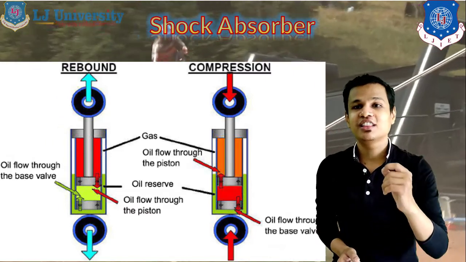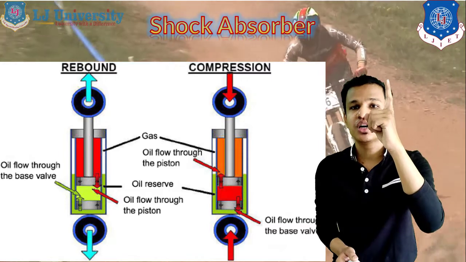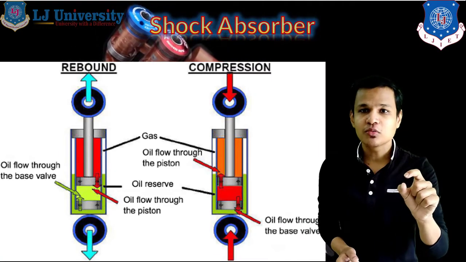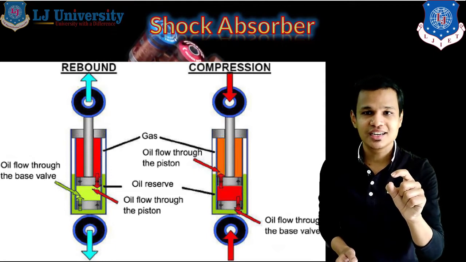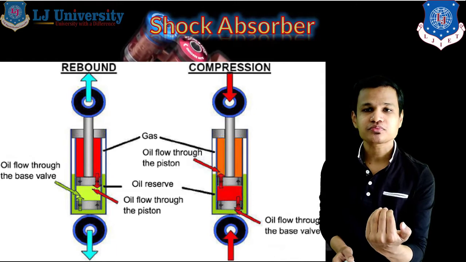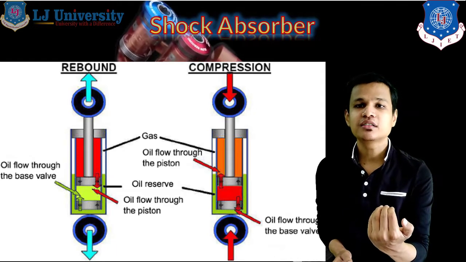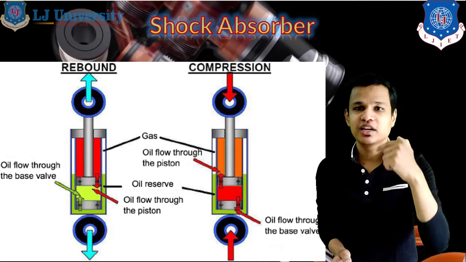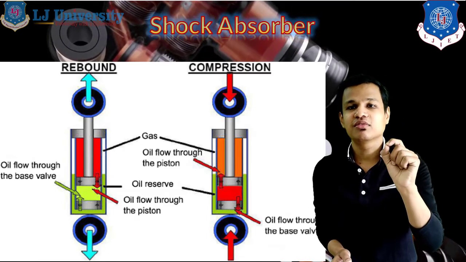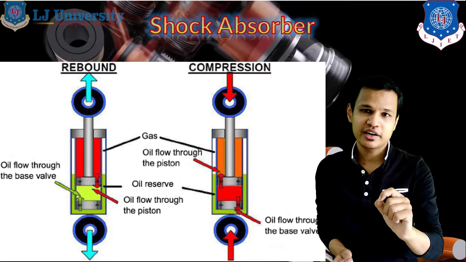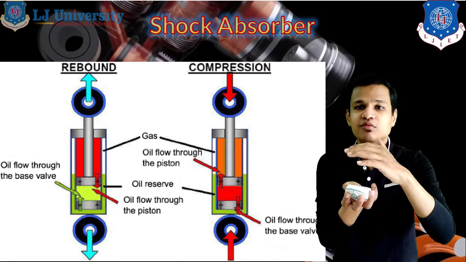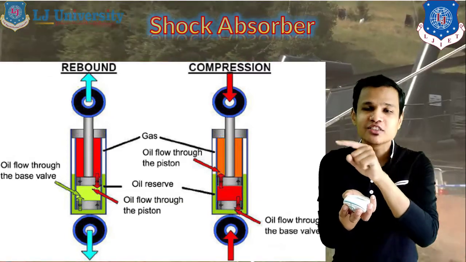One is connected with the rod that is connected to the upward part of the vehicle, and the second one is at the bottom of the absorber, or the cylinder of the absorber, that is connected to the below part. There are two ends of the absorber, one is the upward part and the second one is the downward part. So you can say that the upward part is known as valve A and the downward part is known as valve B.